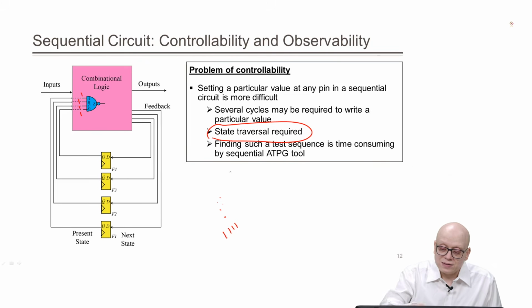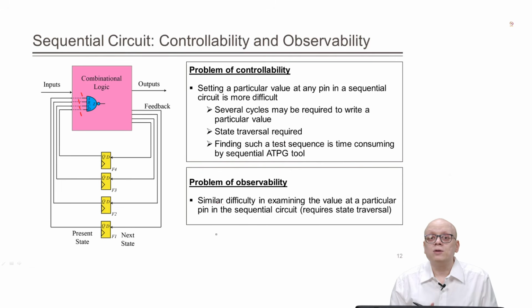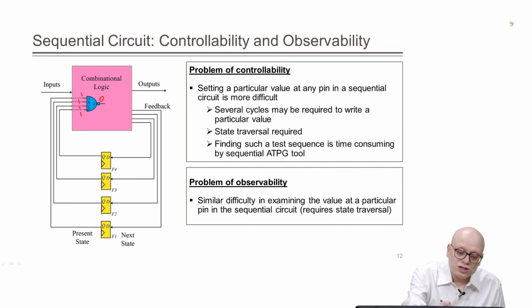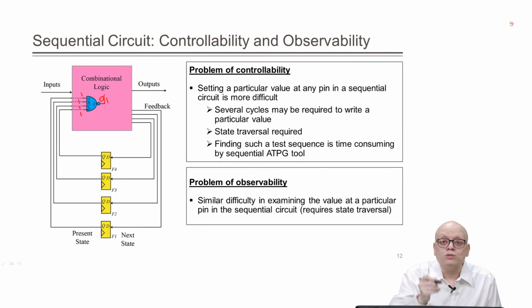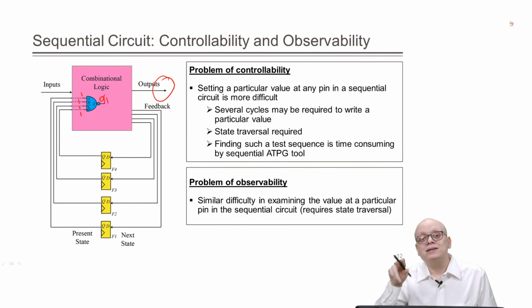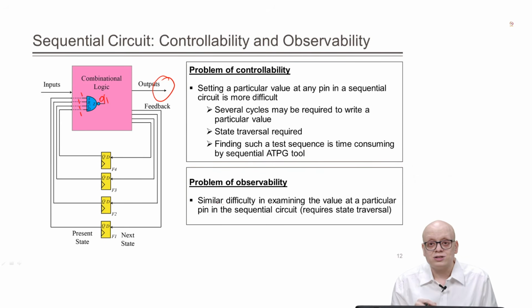A similar kind of problem occurs when we try to observe the effect of a fault in a sequential circuit. To observe the value, say 0 or 1, at an output port, we might again require a state traversal, and the number of state traversals may be exponential in the number of state elements.